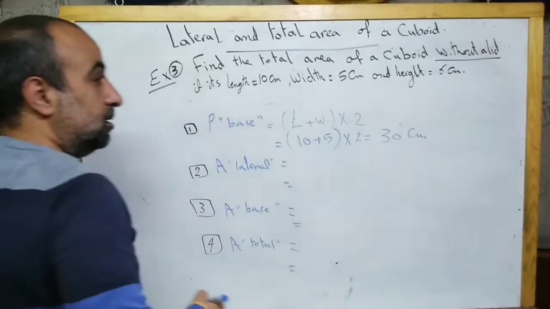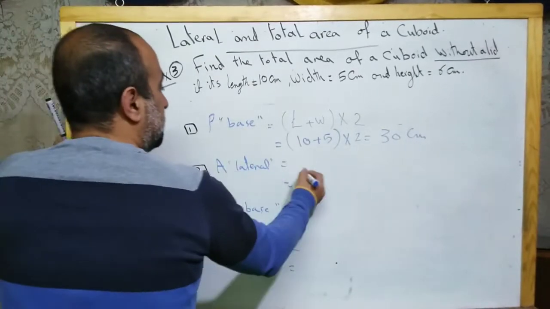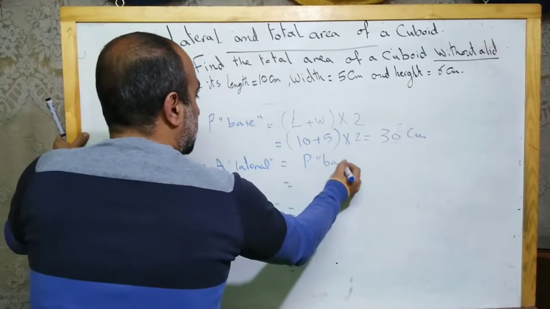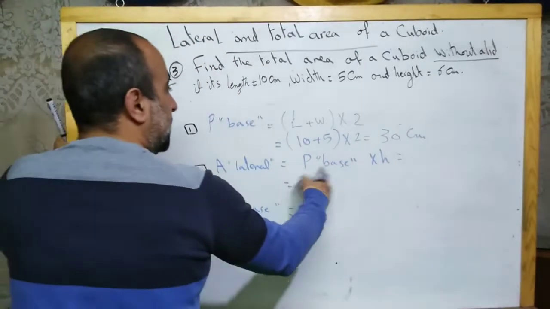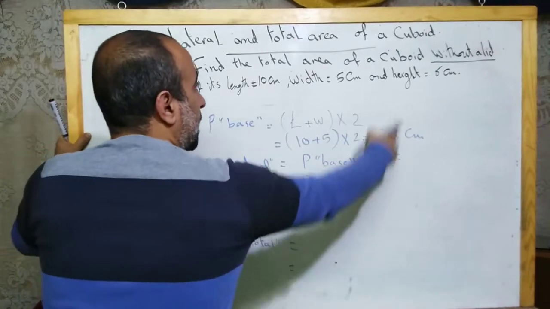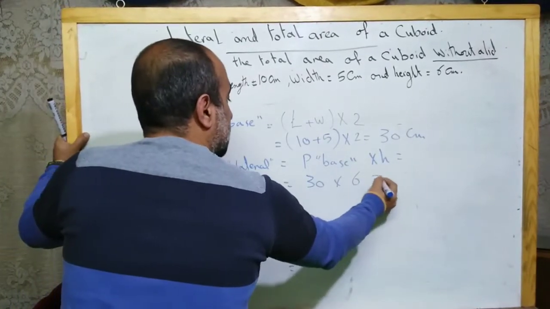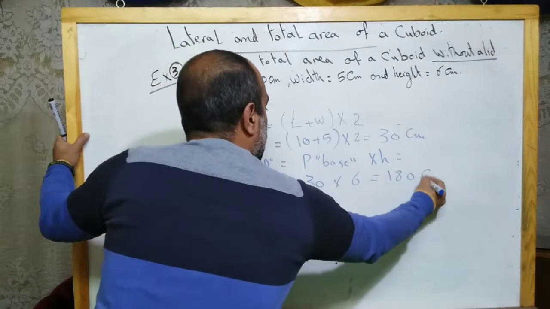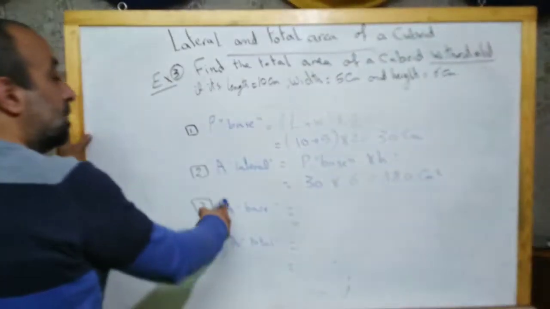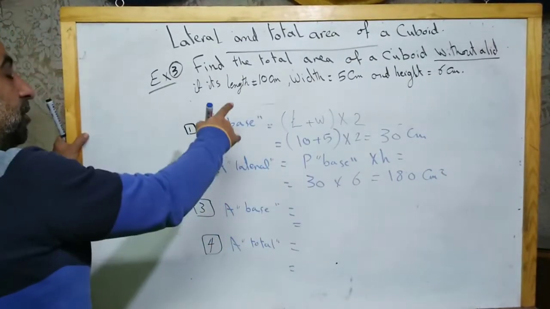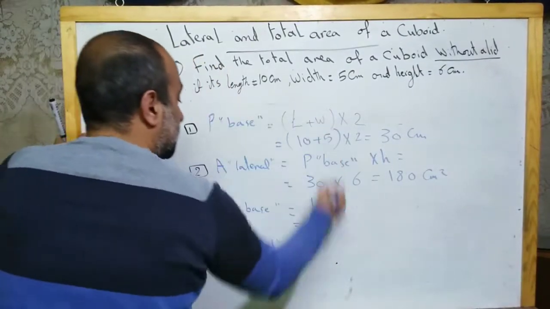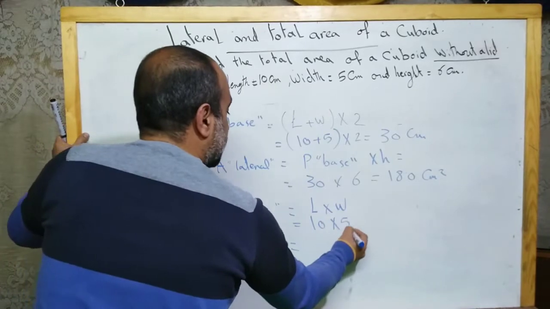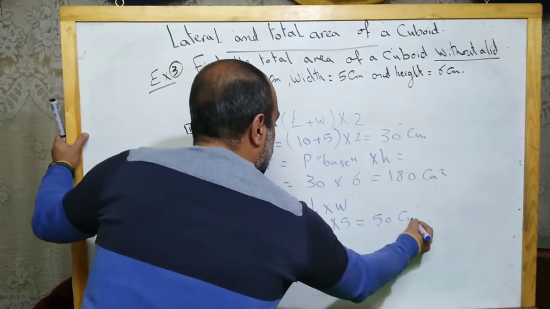Lateral area, the area of the lateral. Perimeter of the base multiplied by its height. The substitution will be 30 and the height is 6. 180 square centimeters. Area of the base, the base is in the shape of a rectangle, it will be length times width, which is 10 times 5 equals 50 square centimeters.